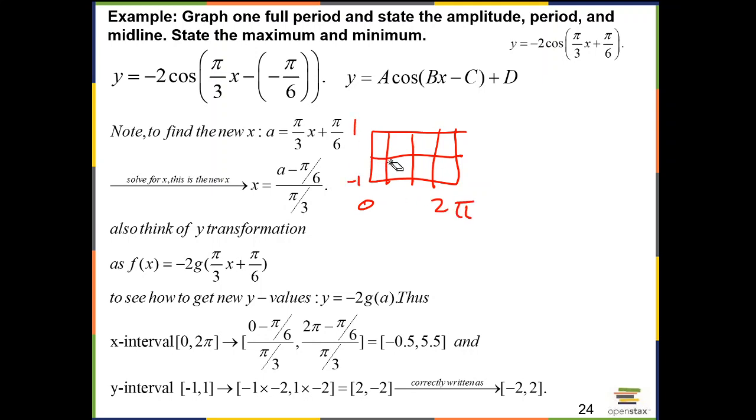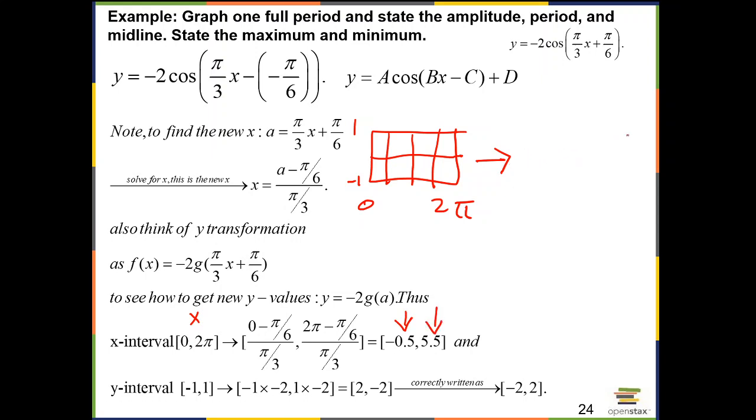What happens to this rectangle? Where does it go? If we apply the transformations to these x values, 0 minus pi over 6 divided by pi over 3, and then 2 pi minus pi over 6 divided by pi over 3, you can use a calculator to do that. You end up with -0.5 and 5.5.